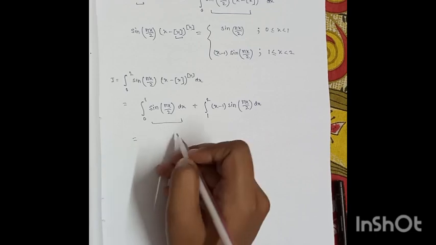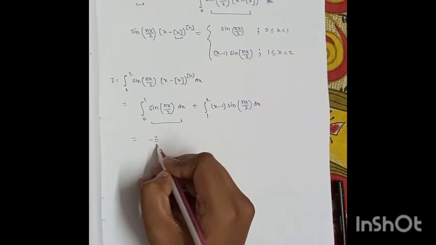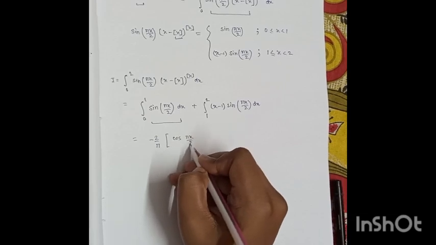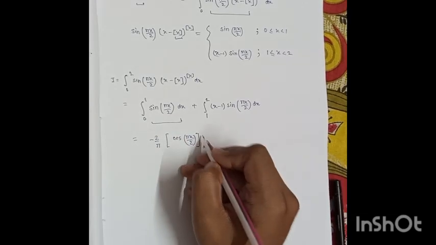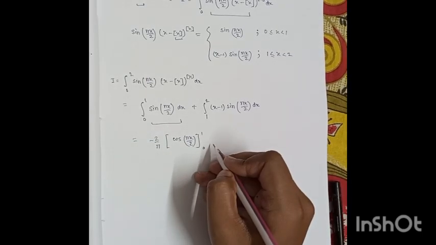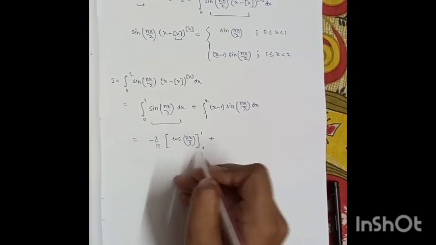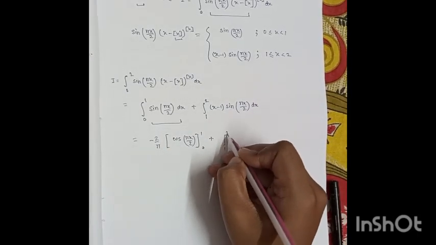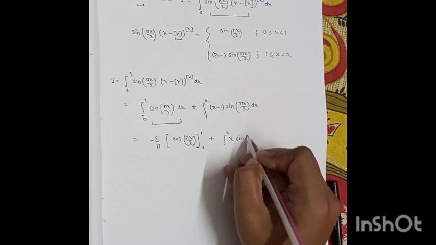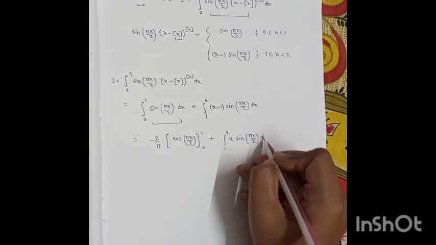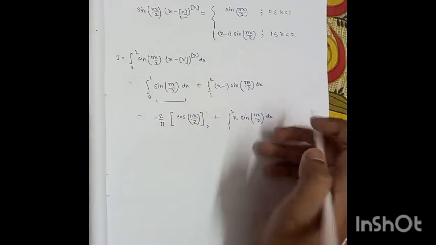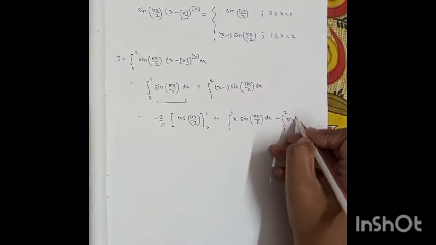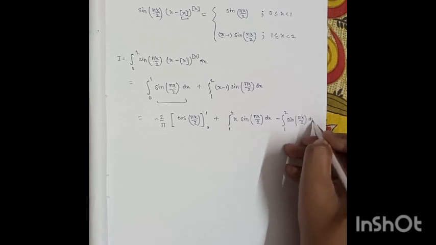Now this part is quite simple. As you can see, this will be minus 2 over pi cos of pi x by 2 with limits 0 and 1. So this part is evaluated, and then this part we can again write as integral of x sine of pi x by 2 dx, and minus integral 1 to 2 sine of pi x by 2 times dx.